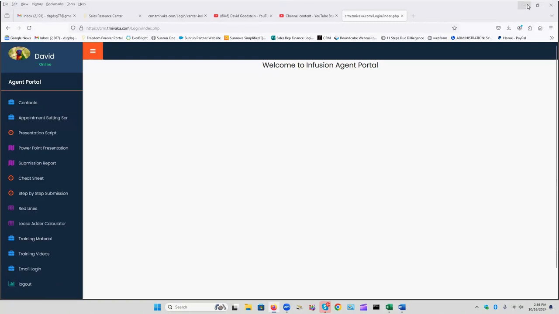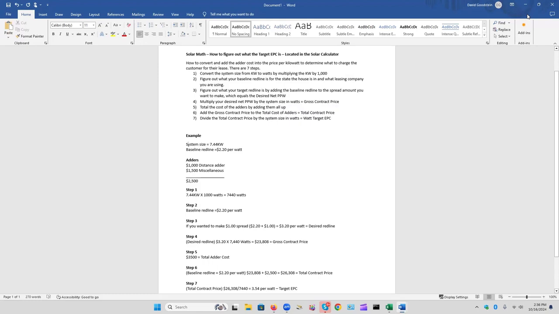And today we're going to be talking about solar math for leases. More specifically, how to figure out how to price out a leasing deal if there are adders involved. If there's no adders involved, it's pretty straightforward. However, if adders are involved, it becomes a bit more complicated.